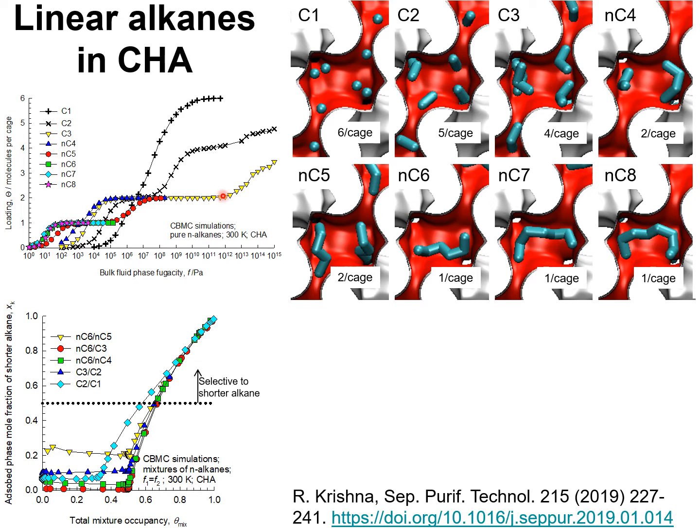The saturation capacity of propane is 4 per cage. Butane is 2 per cage. Pentane is also 2 per cage. Hexane, heptane, and octane are all 1 per cage.